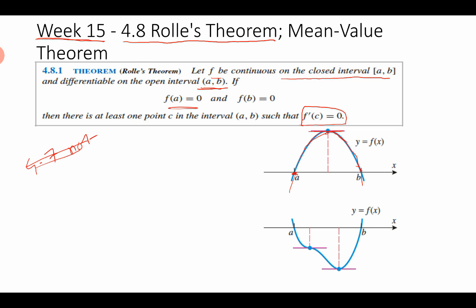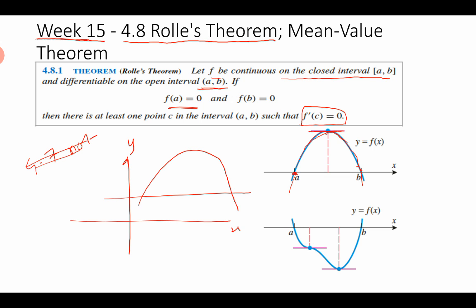This is not only true whenever the function cuts the x-axis. This is the x-axis and this is the y-axis. If there is any other line parallel to the x-axis, the function still intersects it twice. That is, the function value at the lower limit is equal to the function value at the upper limit, not necessarily 0.